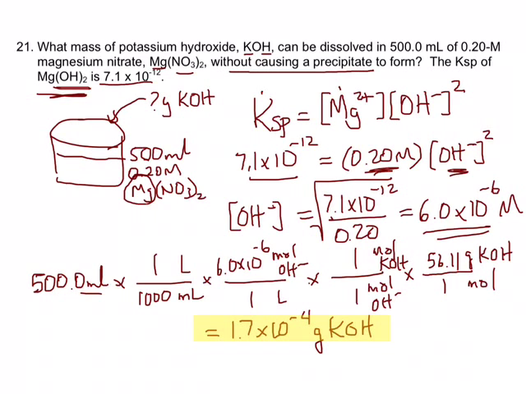So that's the clue that we don't need to do an ice table. All we need to do is really think about the saturated solution, so the Ksp expression. Then we realize we know the Ksp and we know the magnesium concentration. So we put those in and we calculate the hydroxide. So hydroxide is equal to Ksp divided by the magnesium concentration, square rooted. That's what I'm doing here. Then we get 6 times 10 to the minus 6 molar hydroxide concentration.